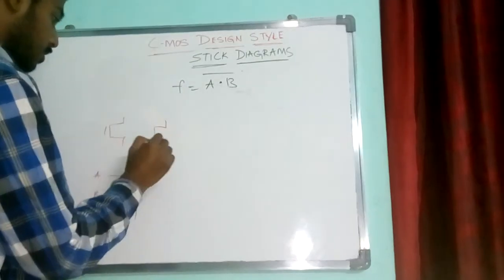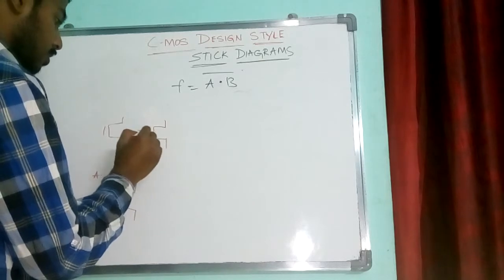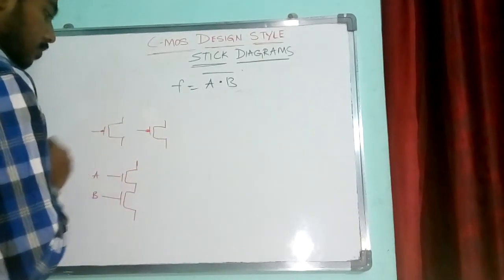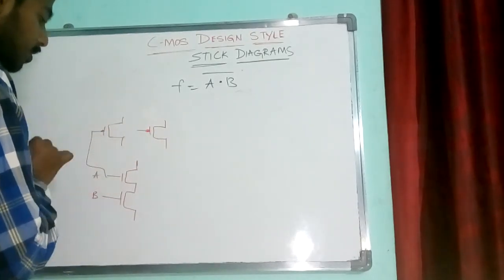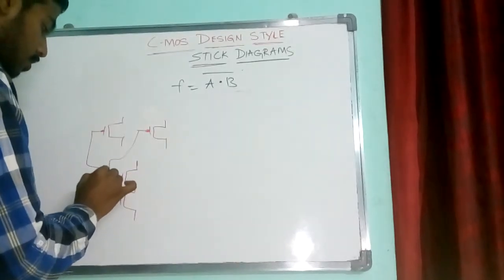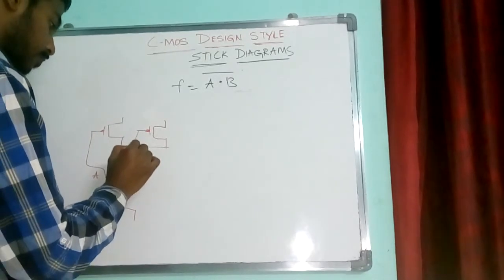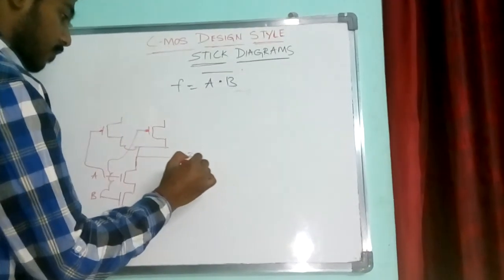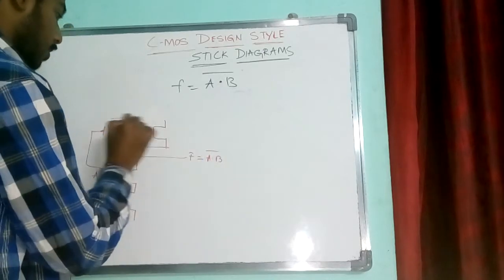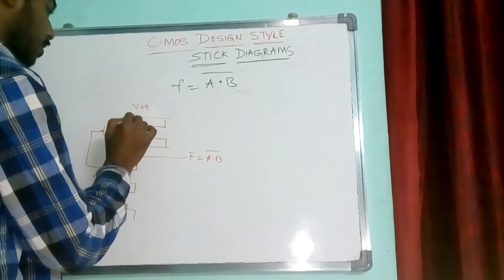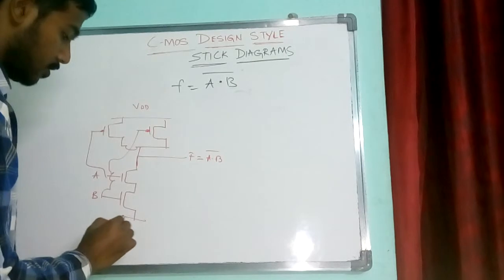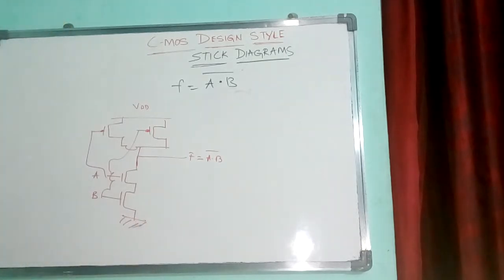So I have one transistor, I have another transistor. A is connected to A, B is connected to B. These both are connected. This is the output F equal to A dot B. This is VDD, this is ground. This is the NAND gate.